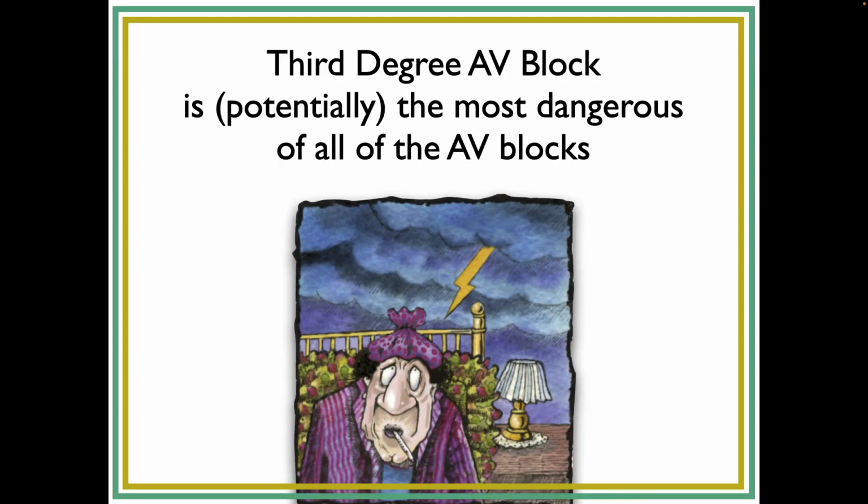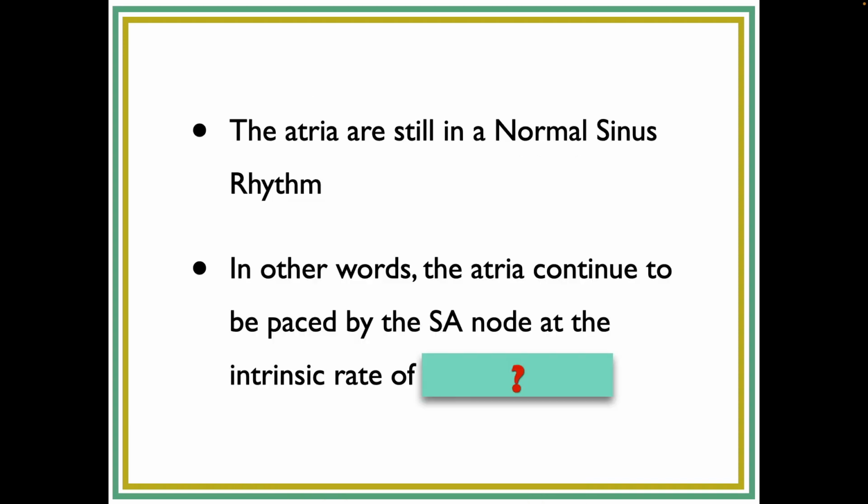Now, third degree potentially is the most dangerous of all the AV blocks because if something happens to the ventricles, then you're really in trouble. Okay, so with the third degree AV block, the atria, like all AV blocks, are in a normal sinus rhythm. Just like with all AV blocks, you're going to see a regular pattern of P waves across your ECG strip, okay?